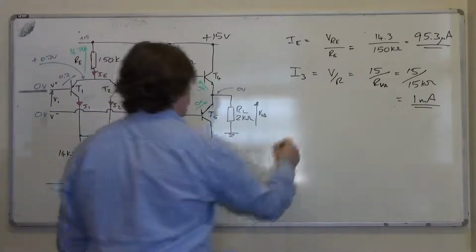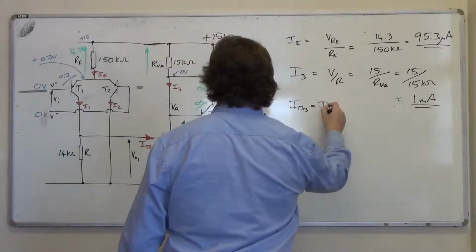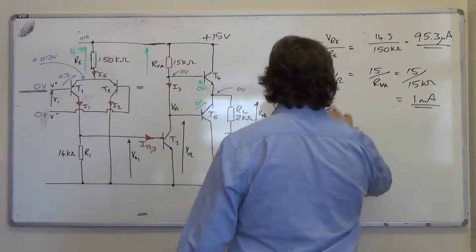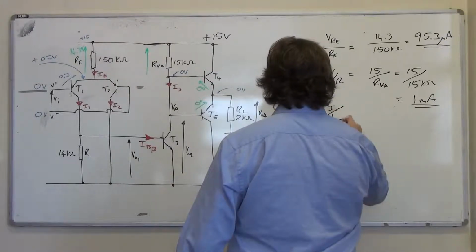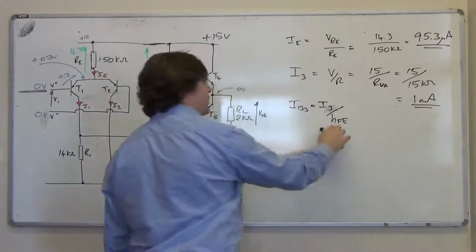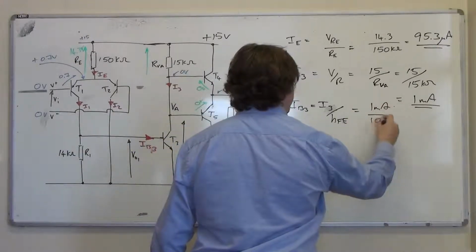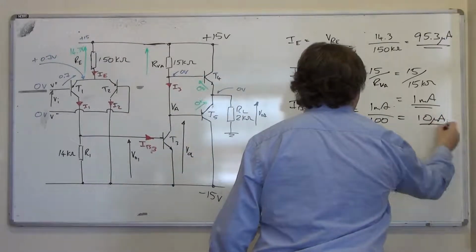So we'll say IB3 is equal to IC3, which is just another way of saying I3, so I'll call it I3, divided by HFE, where it's a little h, a big F and a big A, and that will be 1 milliamp divided by 100, which will give us 10 microamps.